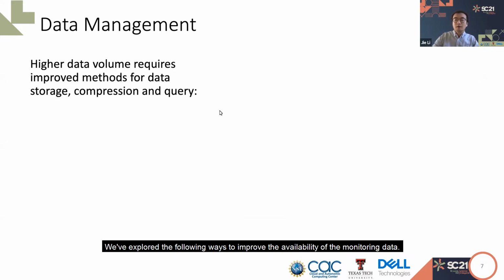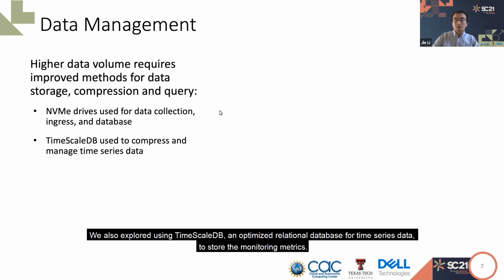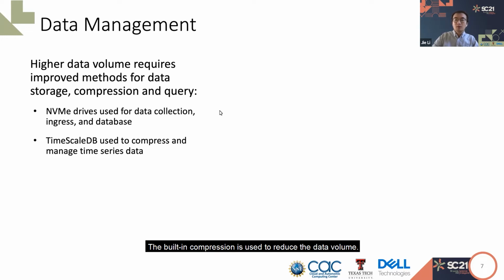We've explored the following ways to improve the availability of the monitoring data. Specifically, we use NVMe drives for data collection, ingest, and database. It provides faster data access. We also explored using TimescaleDB, an optimized relational database for time series data, to store the monitoring metrics. The built-in compression is used to reduce the data volume.